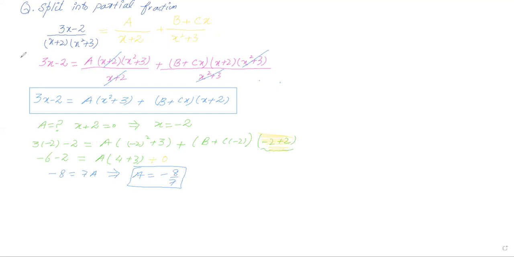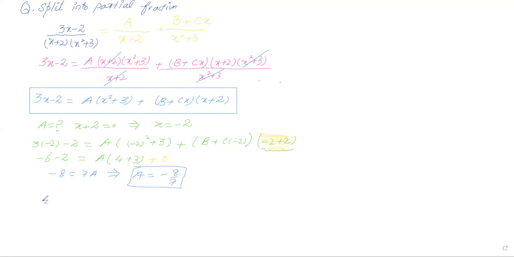Now to find the other two unknowns, which are B and C, you have to open the brackets and compare the coefficients. Coefficient comparison means you write the terms of x squared, the terms of x, and the terms of the constant, and equate them. I will make it short.